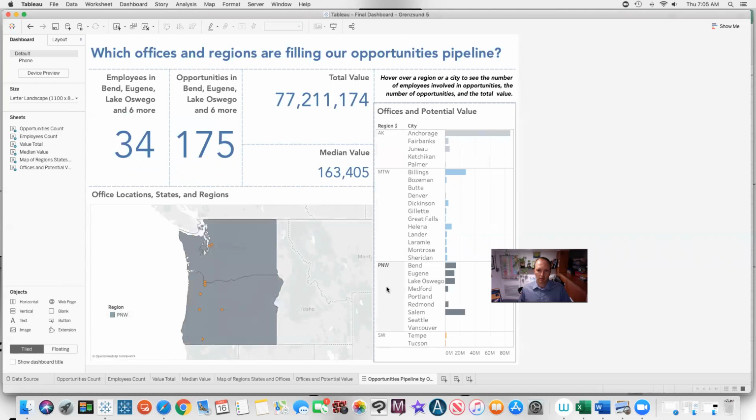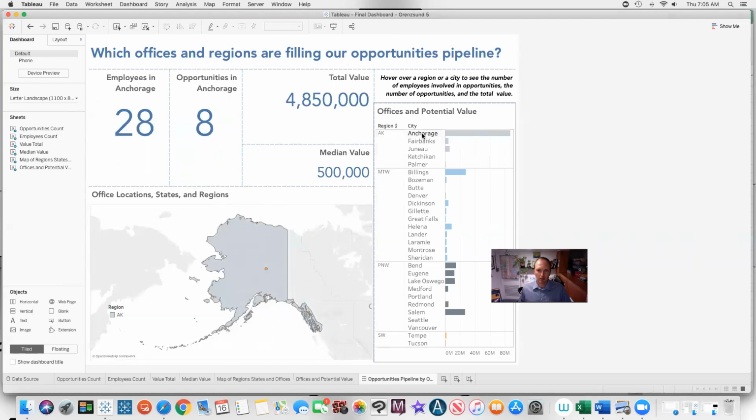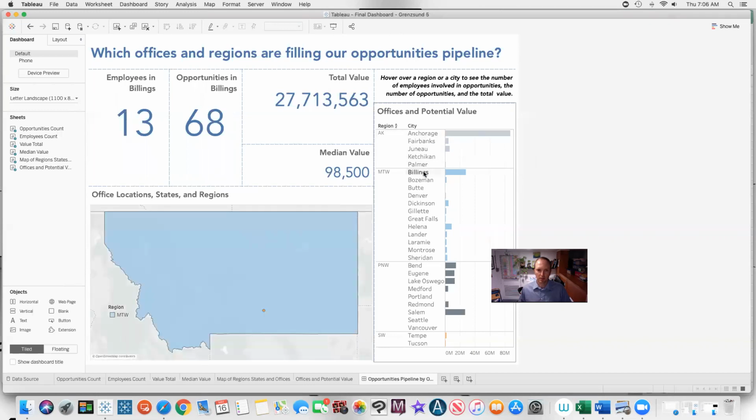One of the example of an insight is up here, Anchorage, just being able to look at the real numbers of that total value opportunity and the median value and really have a conversation, because this is an example of a standout, $87 million in potential value. The next one is Billings, dropping down to 27 million.